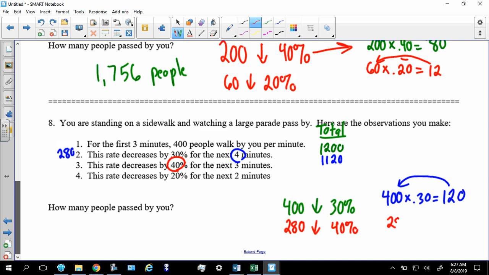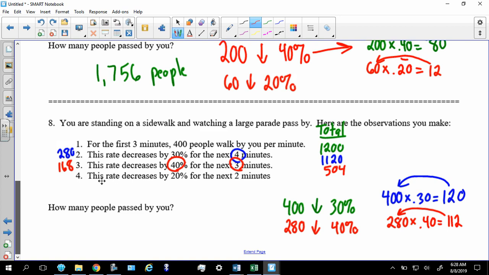So 280 times 0.40. I'm going to get a number. I can't think of that number at the moment. 112. Then I'm going to subtract it from 280, which gives me my new rate of 168. So 168 for the next 3 minutes. That gives me 504.